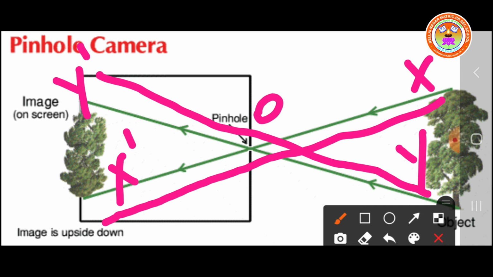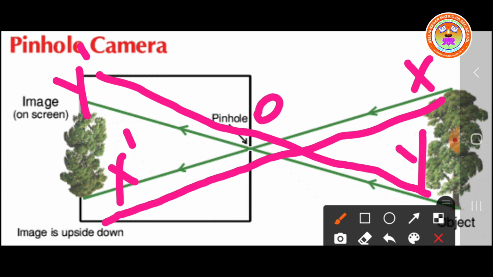Similarly, all the rays in between X and Y fall on the screen between Y dash and X dash. Thus, Y dash X dash becomes the image of XY. The image produced is temporary if a simple paper is used. The image can be made permanent if the paper is replaced by a photographic plate.